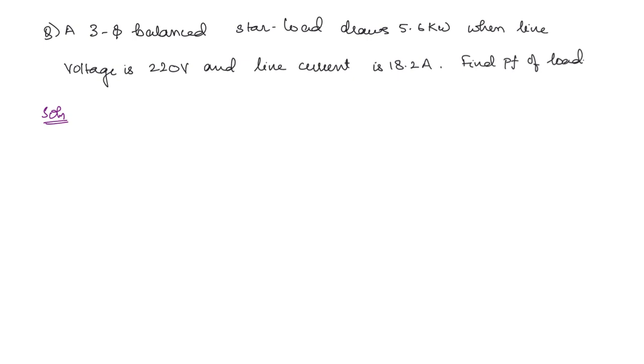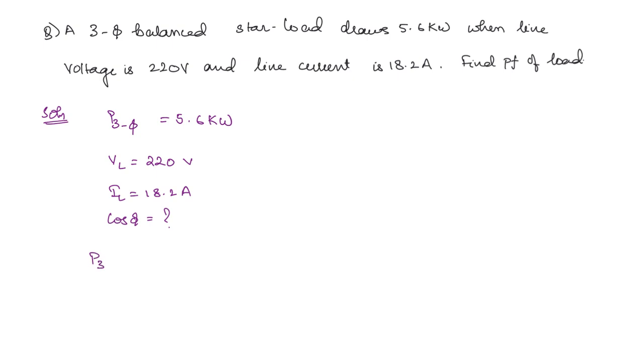Whether it is a 3-phase load or single phase load, it is the 3-phase power P, because it is given in watts. So this is going to be 5.6 kilowatts. The line voltage is given as 220 volts and the line current as 18.2 amperes. We just have to find the power factor.